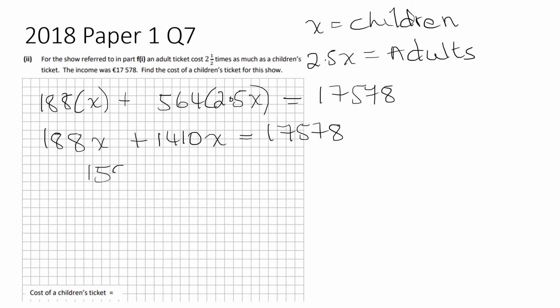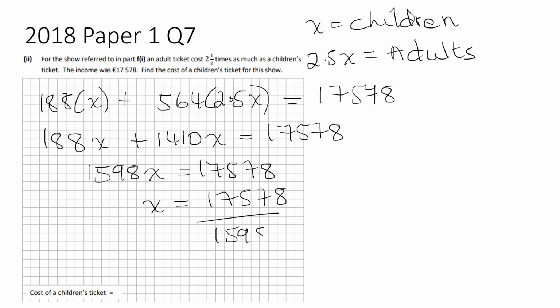So that's 1598x equals 17,578. Then to find the value of x, we're just going to divide that by 1598, and that will tell us the price of a child ticket, which is €11. If you're asked for the price of an adult ticket, then just multiply 11 by 2.5, but you're not asked to do that. So that is 10 marks for that part there.